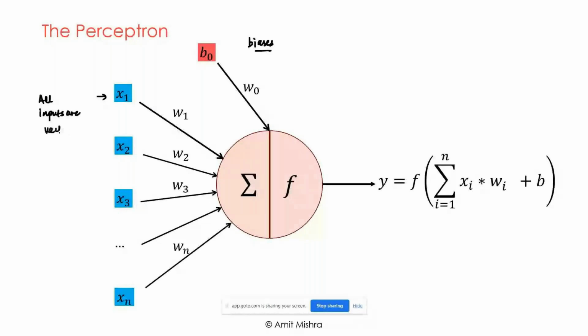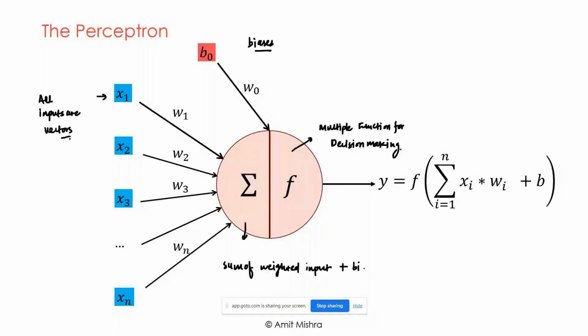Also, it introduced multiple functions for decision making, and of course, we have the sum of weighted input. The whole equation looks like this, but let's break down how the equation has reached this particular point after a short break.